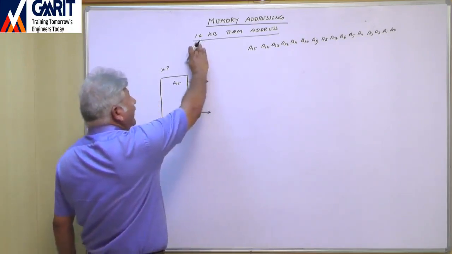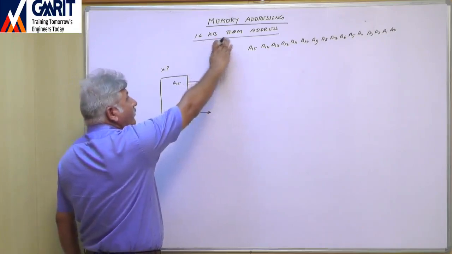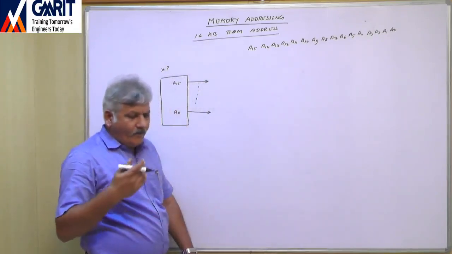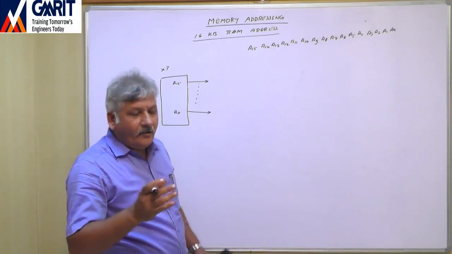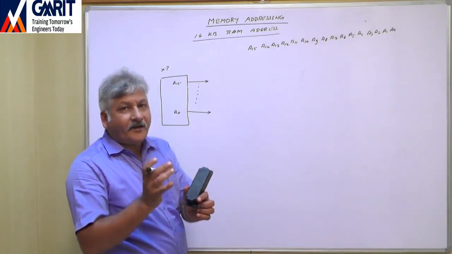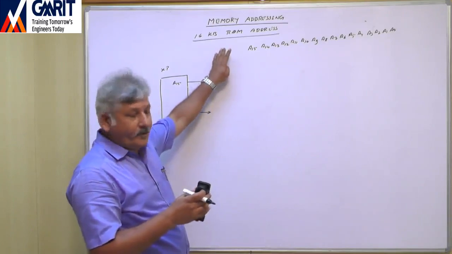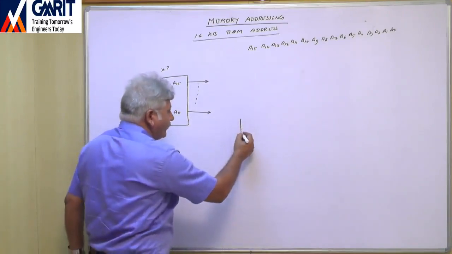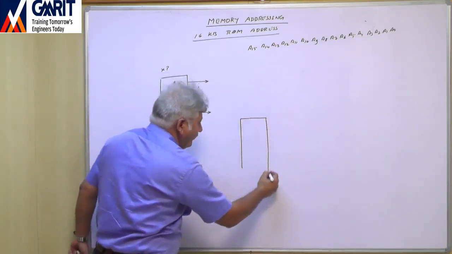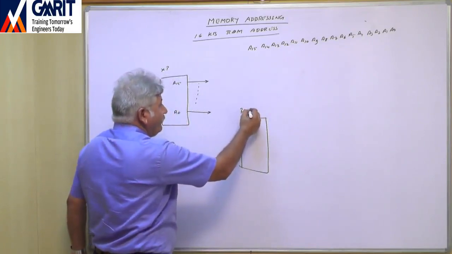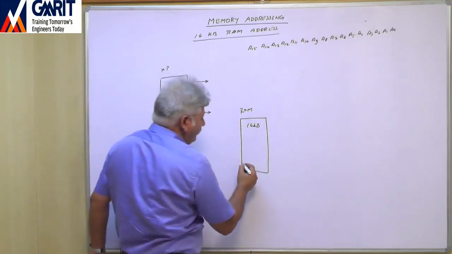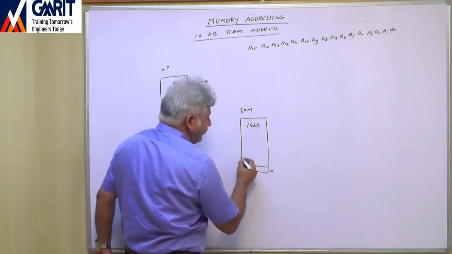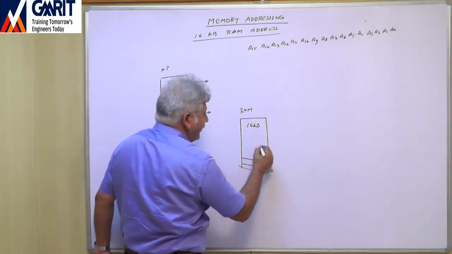Now we have a 16 KB ROM. With the 16 KB ROM, we have to decide what our starting address of this ROM shall be. In a 16 KB ROM, this is location number 0, this is location number 1, like this.